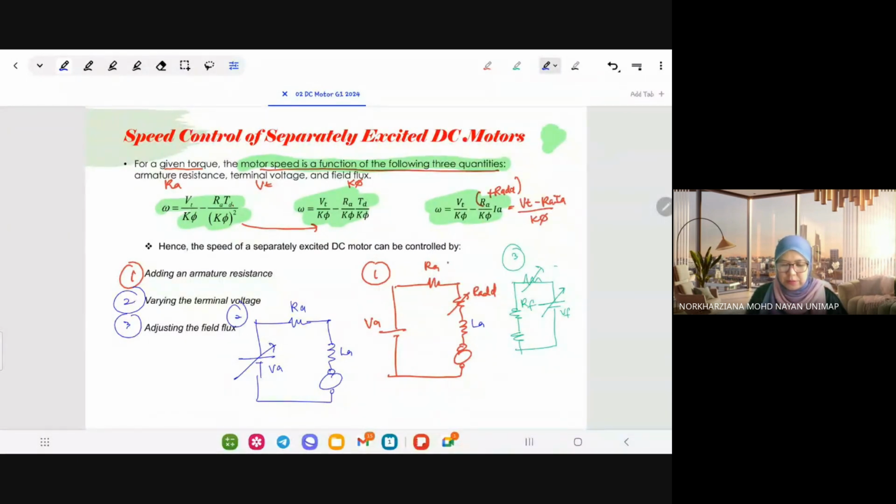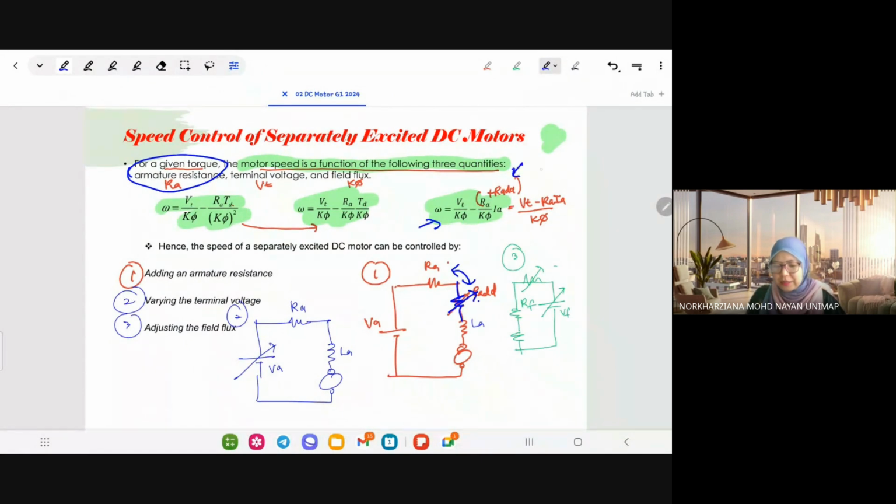First, you can control with additional armature resistance. So you can add additional resistance here. If you add another resistance in series with the armature resistance, we call it additional armature resistance, Rx.